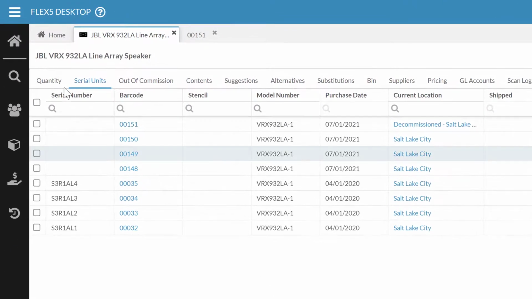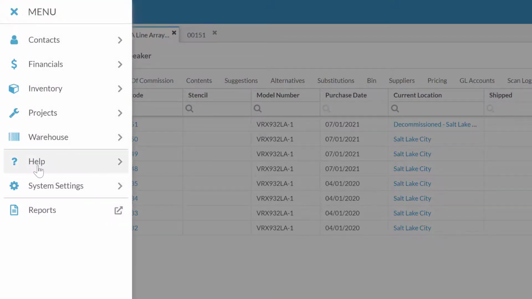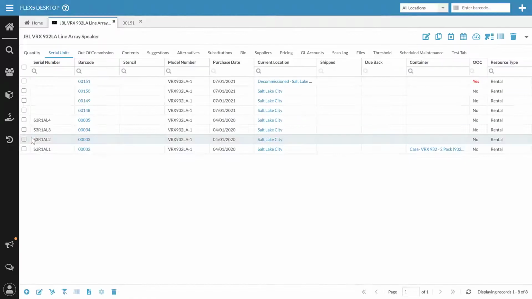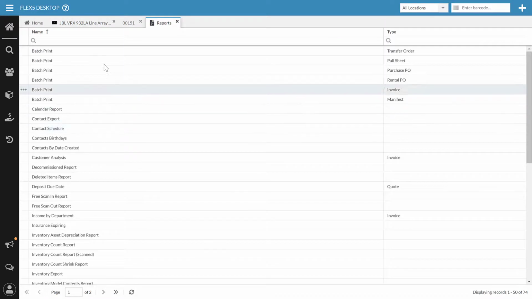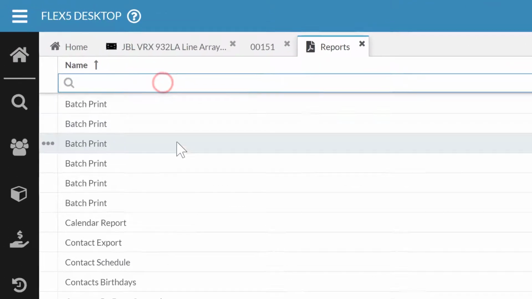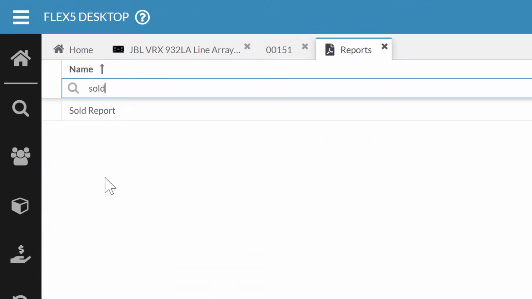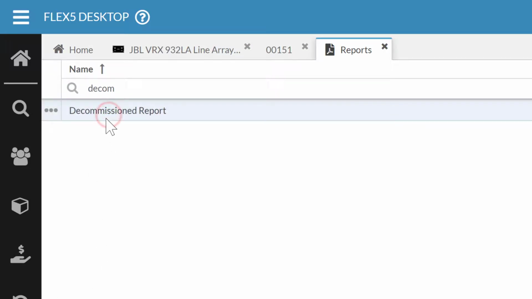So what I tend to recommend to people is to go to the reports and then run either or both the sold report or the decommissioned report to get information. Both of those are going to require you to set a date reference.